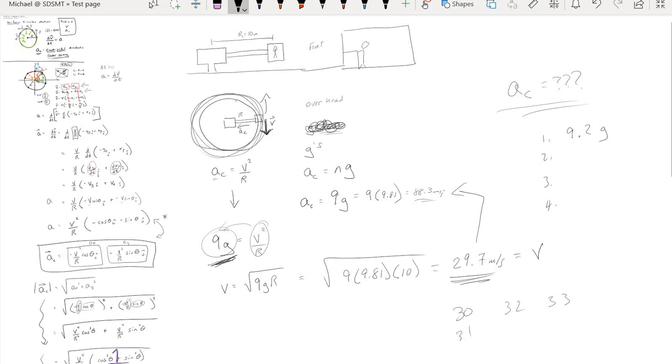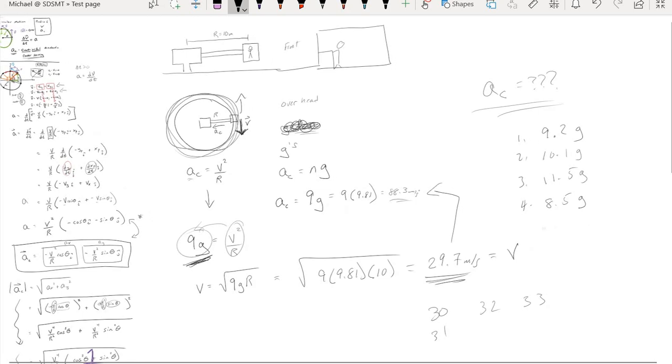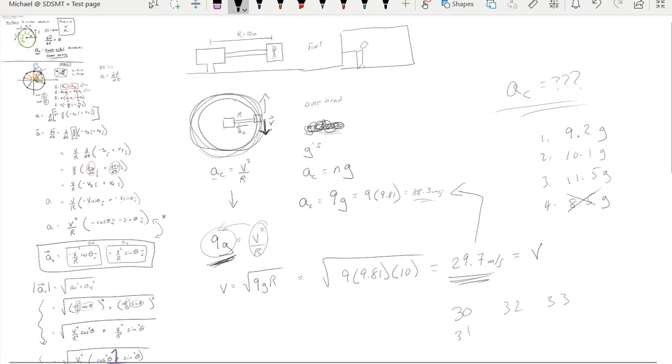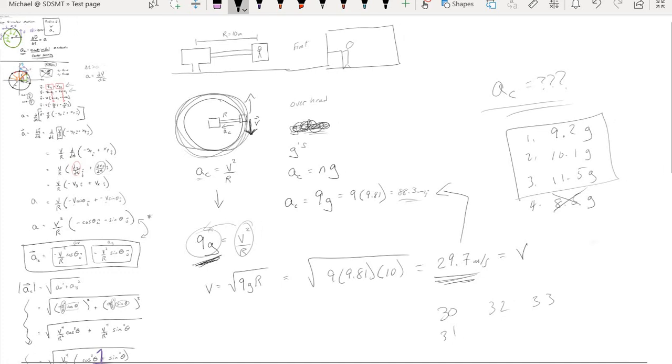And candidate 2 makes it up to 10.1 Gs. Candidate 3 makes it up to 11.5 Gs. Candidate 4 didn't make it. They passed out before reaching 9. So candidate 4 is out, but the first 3 candidates all passed the test.